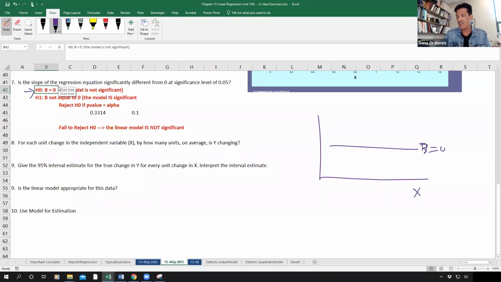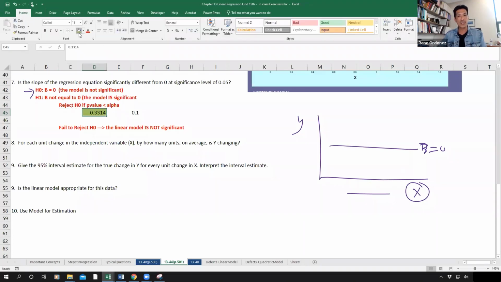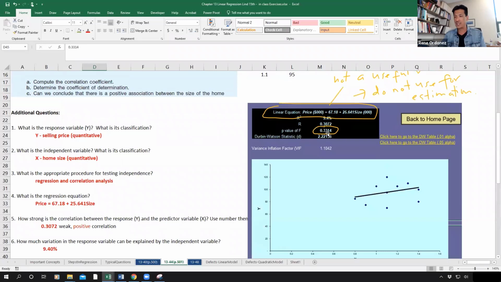So whatever the x value is, it really has no bearing on the value of y. The decision rule would be to reject the null hypothesis if the p-value associated with the sample data is less than the significance level. And we determined the p-value to be 0.3314. That's based on here, right?